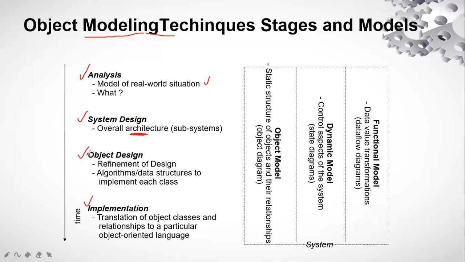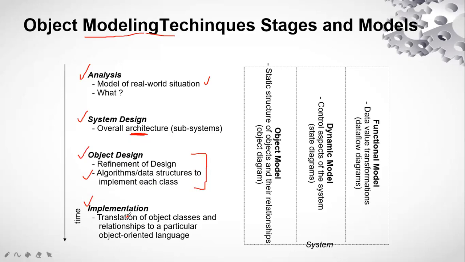Okay. The third stage comes when we say object design. That is what we are going to cover in today's lecture. Object design says we are going to refine the design, right? We are going to do the refinement of the design which we have already done in the system design part. We are going to work with the algorithms and the data structures. We are going to implement the classes, and all these parts are covered in the object design phase.